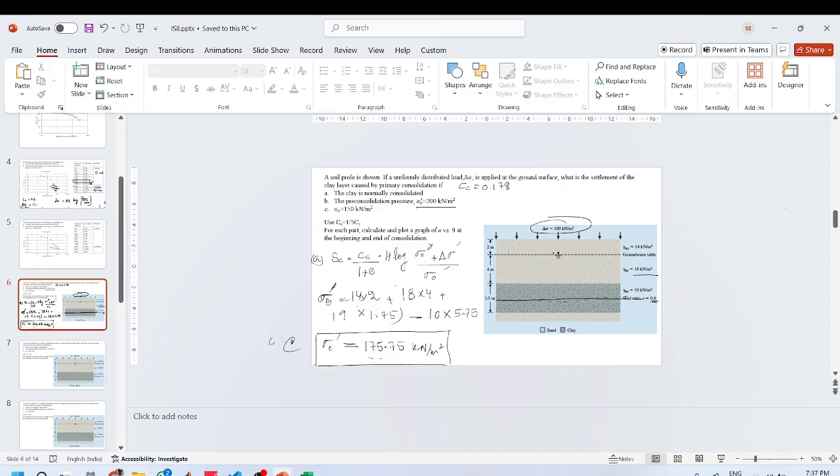Then we have been told that the soil is NC, which means that your pre-consolidation pressure will be equal to 175.75, and your SC will be equal to 0.178 over 1 plus 0.8, into H, obviously 3.5, log to the base 10 of 275 over 175.75.